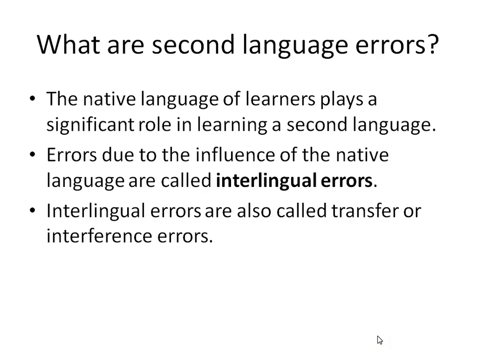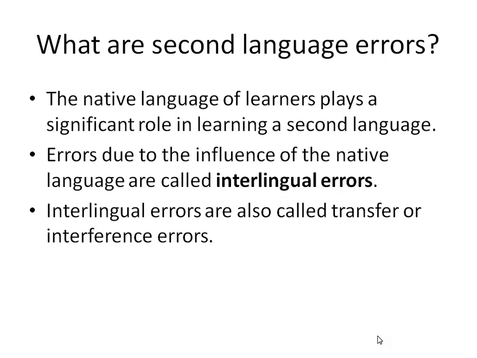The native language of the learner plays a significant role in the language learning process. So errors, according to many critics, are made in second language learning because of the effect of native language. Native language influence makes errors in second language learning, and that is called interlingual errors.